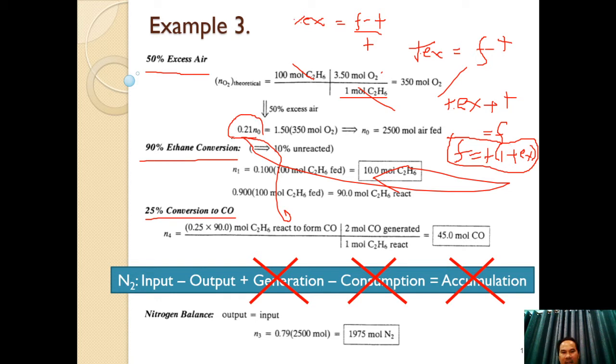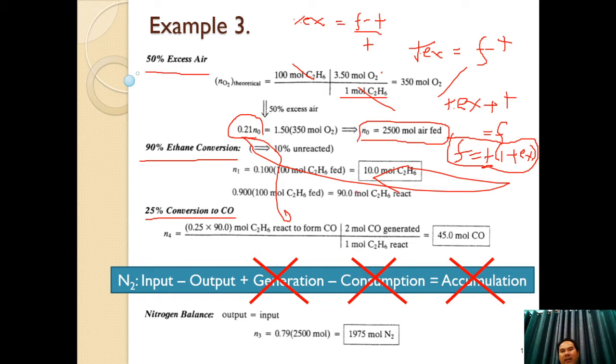This means feed is 0.21 N0, sorry, equal to 1 plus excess. Excess is 50%, it means 0.5, so 1.5 multiplied by theoretical required. Theoretical required is 350, and then you can solve for N0 for this case.